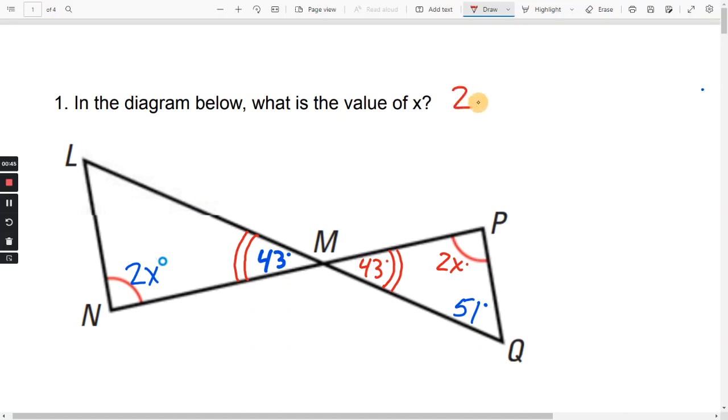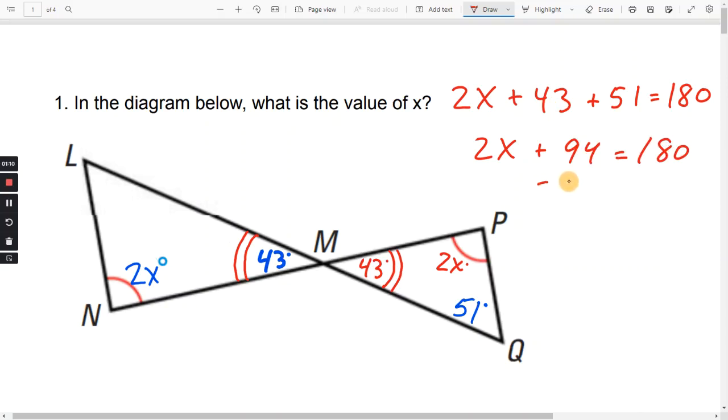So we have 2x plus 43 plus 51 equals 180. Combining like terms, 43 plus 51 is 94.